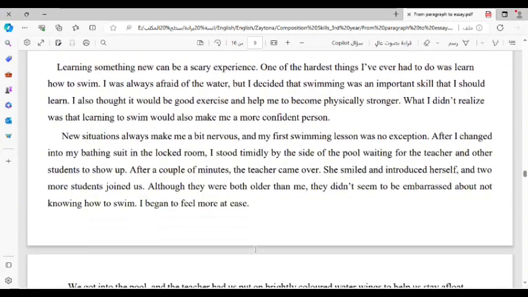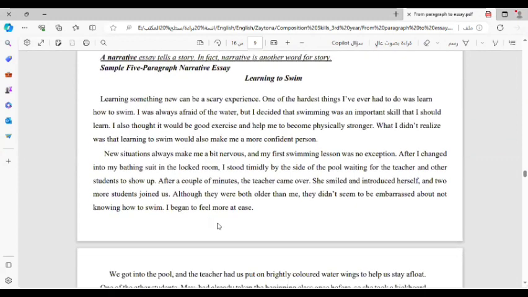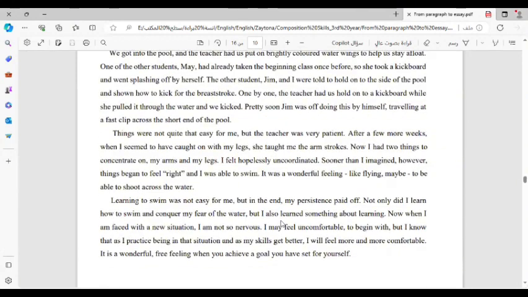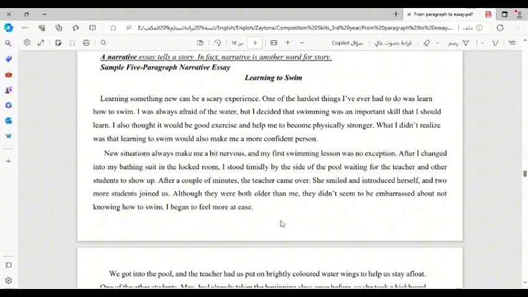We have this example, which is learning to swim. In this essay, I'm talking about my own experience of how I learned to swim. So before reading this essay, what do you think? What is the type of this essay?